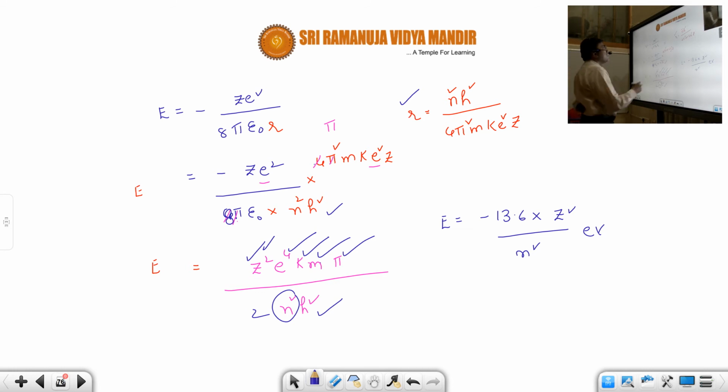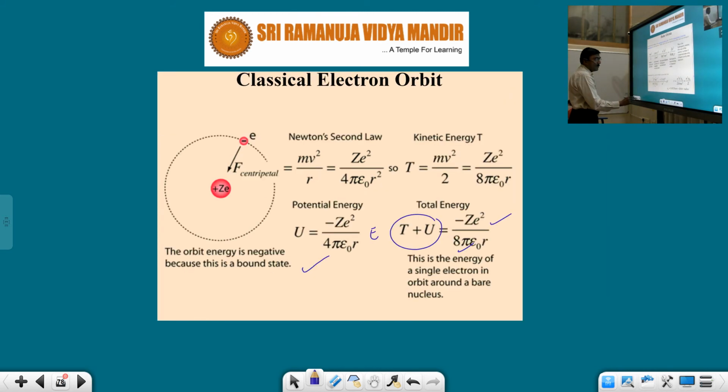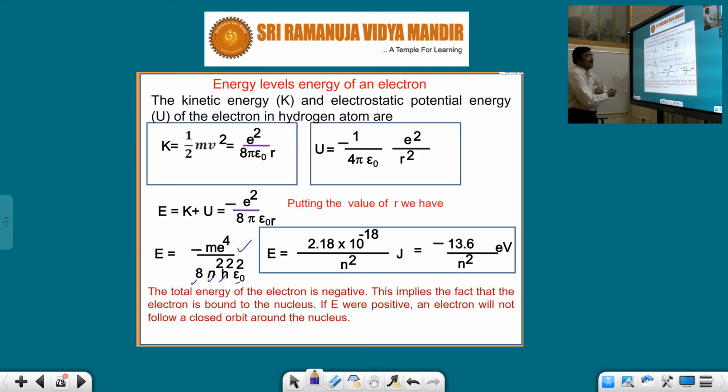Now here n square h square, epsilon naught, here epsilon naught is there. Do you agree or not? Yeah. 8 epsilon naught. So this is in electron volts, whereas 2.18 into 10 power minus 18 by n square is in joules. So you are expected to memorize both formulas.